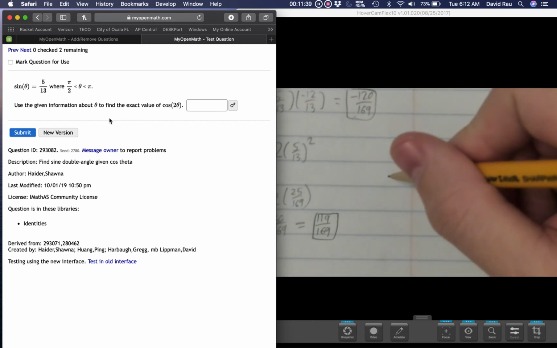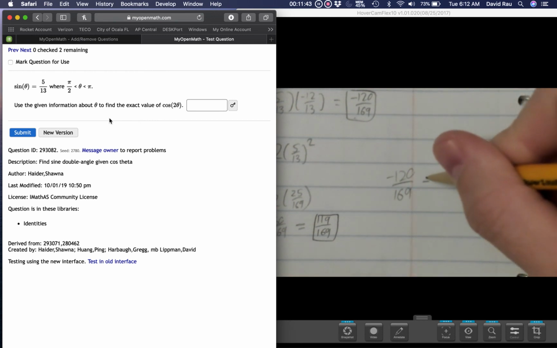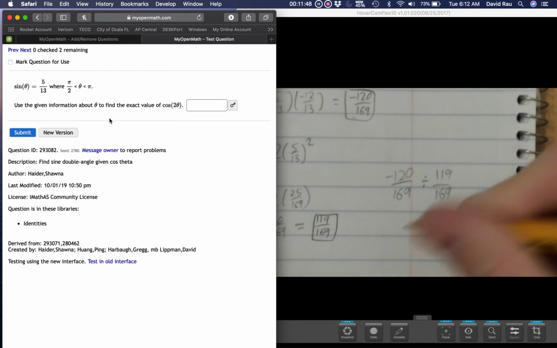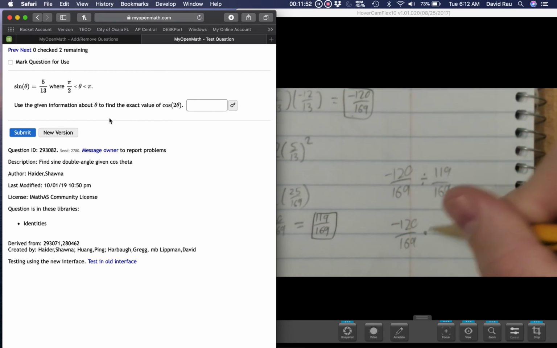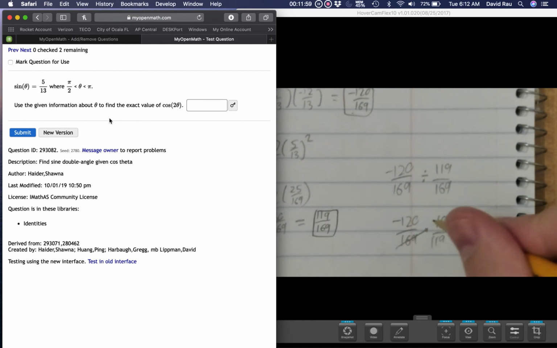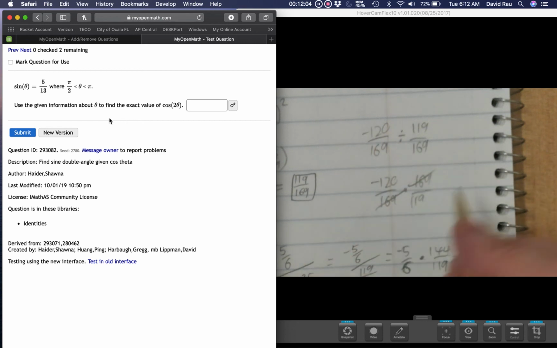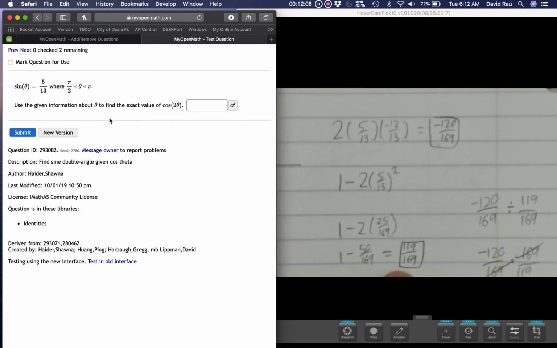If you notice, if we had just taken our sine of 2 theta and divided it by cosine of 2 theta, well then we would have kept, changed, and flipped, and our 169s would have canceled out, and we also get the same answer, but kind of easier in my mind.